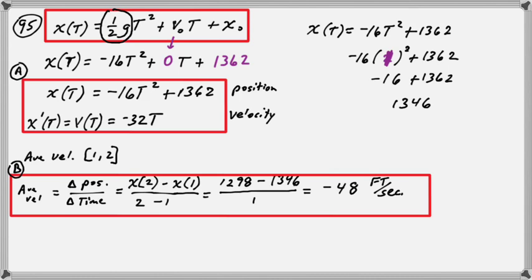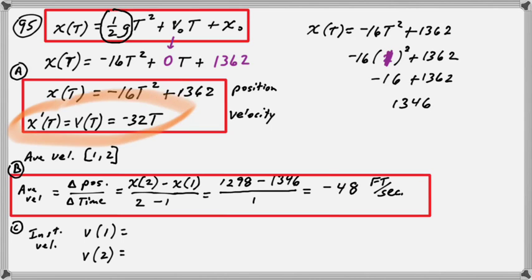C wants the instantaneous velocity at the time 1 and at the time 2. If you put a 1 into your velocity function, you'd get negative 32 times 1, which is negative 32.